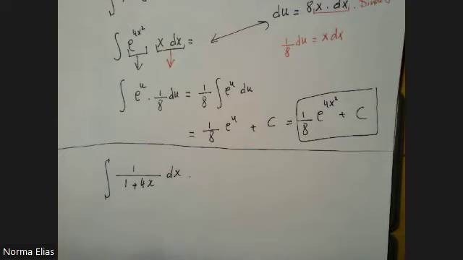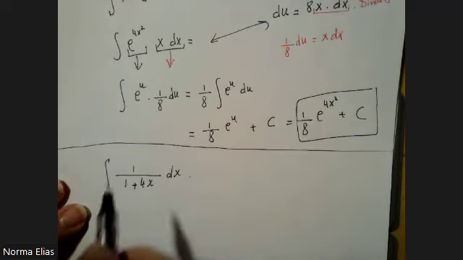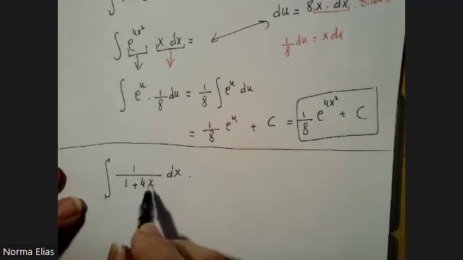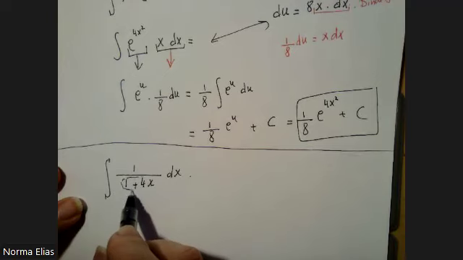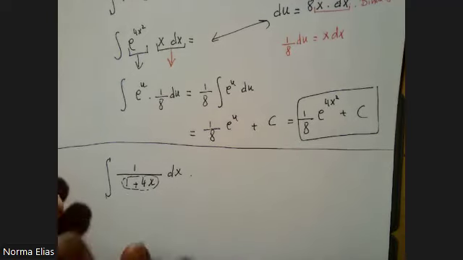Is there an inside function? What do you think we're going to do with this integral? Is the inside function 1 plus 4x, the u? Yep. A lot of times, picking the denominator as a u is a very good idea.